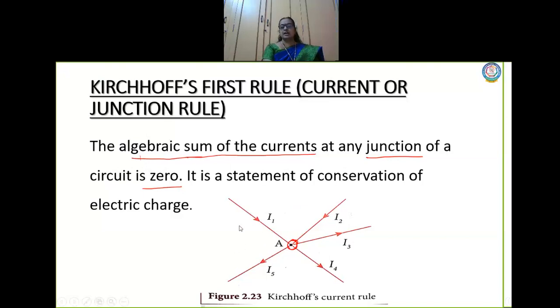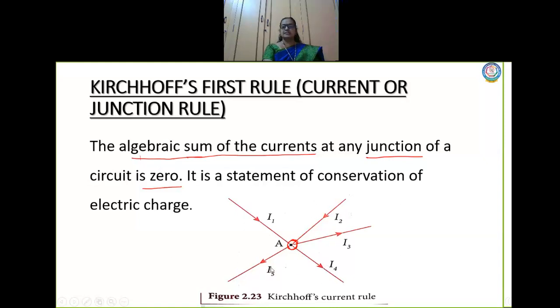So this is current I1 which is moving towards the junction. Now this is current I2 moving towards the junction, because the arrow is moving towards. Then look at this current, children, I3, which is moving away from the junction, and here I4 moving away from the junction, and I5 moving away from the junction.